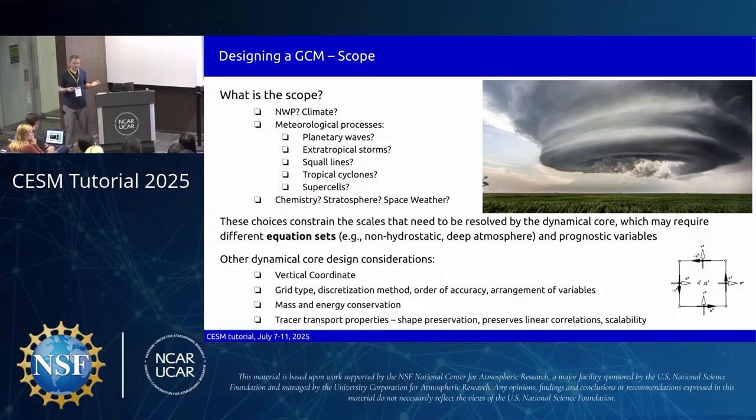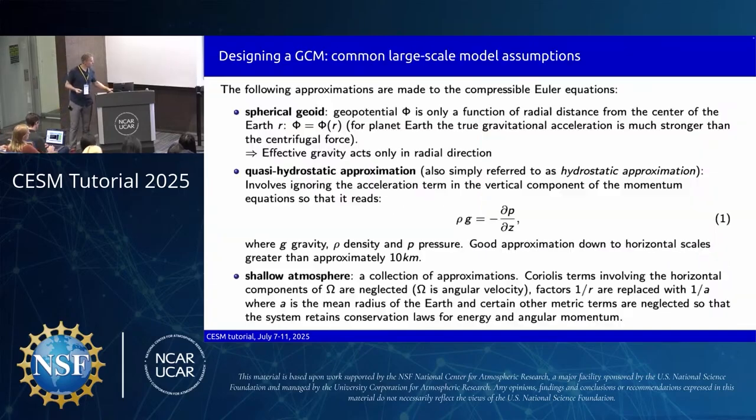So we live in exciting times because we are getting rid of these approximations one by one. Global non-hydrostatic models, getting rid of this approximation, already exist. We have them in CESM already. We have work going on getting rid of the shallow atmosphere approximation, which is important for geospace modeling, because as you go up there, there's a bigger and bigger difference between this distance here and the distance up there.